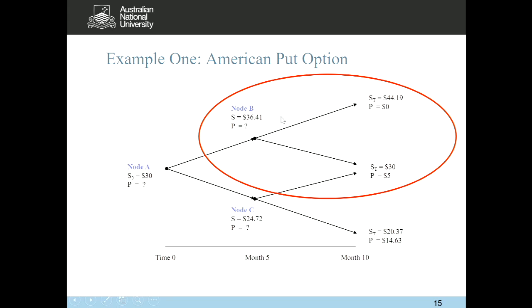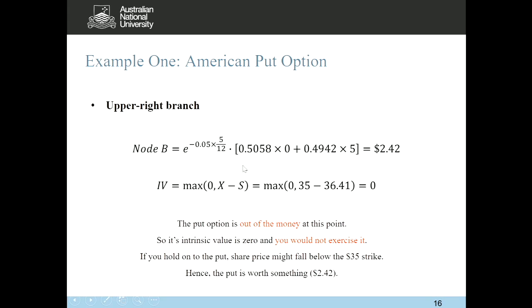And there is a 49.42% chance the share price goes down. If it finishes at a price of 30, that provides a payoff of $5. So that's the probability of going up, finishing with a value of nothing, and that's the probability of going down, providing us a payoff of $5.